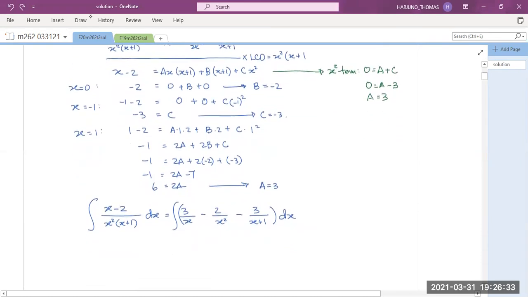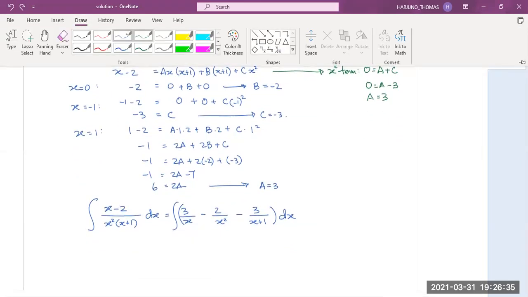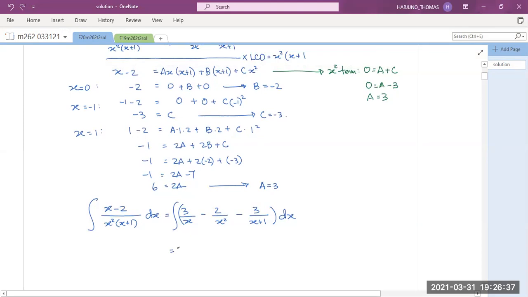Now go back to the original question. I will continue, but this is just to integrate. This is 3 natural log of absolute x, and what will this be? It's positive 2 over x, minus 3 natural log of absolute x plus 1, plus a constant.